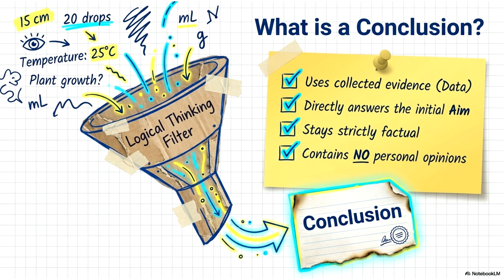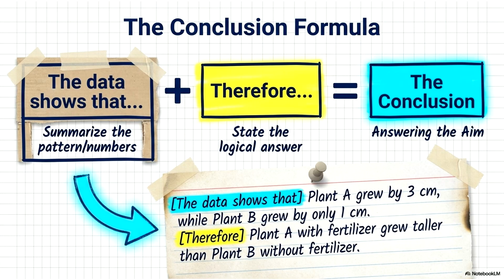There is an easy way to write a conclusion. Scientists often use a simple formula for writing conclusions. First, say that the data shows, then the word therefore. Finally, give the answer to the investigation question.